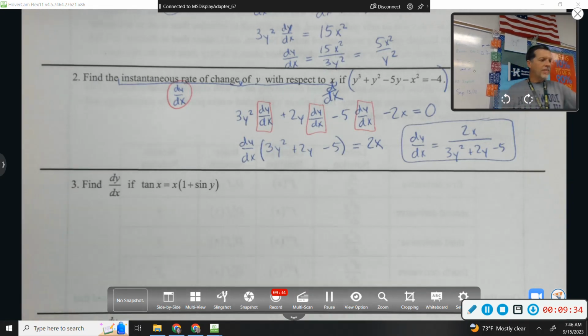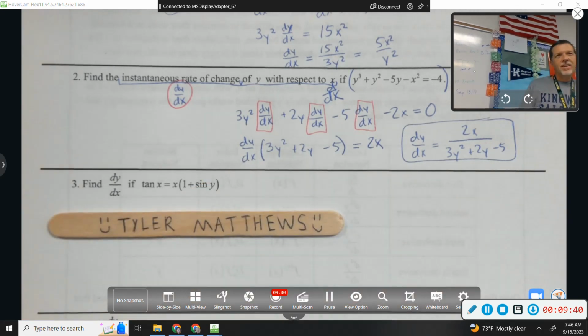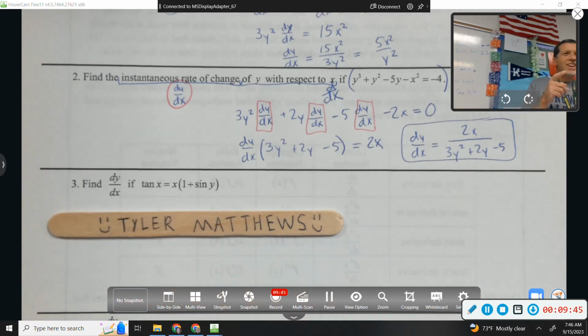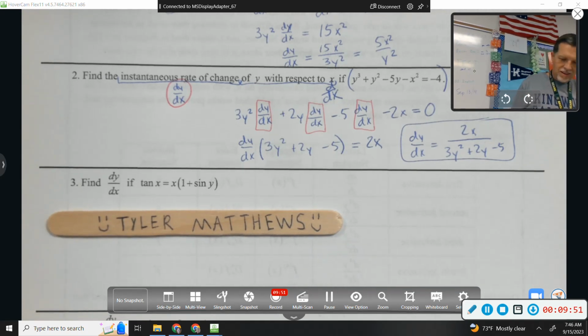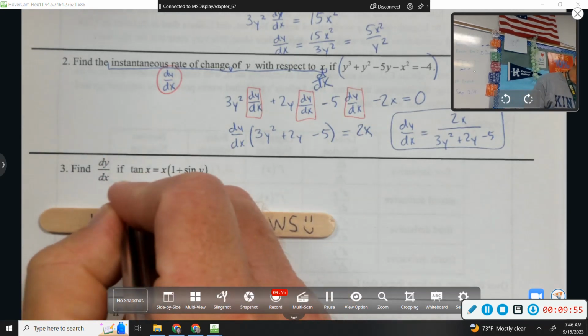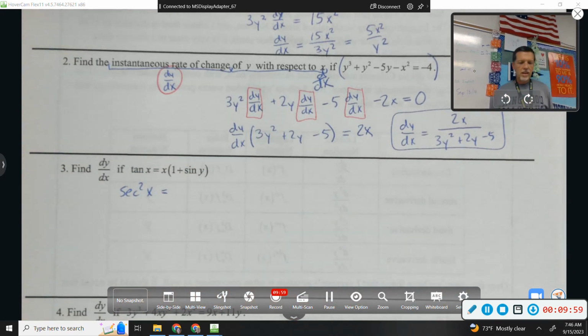So on the left-hand side, though, Tyler, what's the derivative of tangent of x? Secant tangent of x. That's the derivative of secant. Oh, secant squared. Secant squared, yes. So secant squared x on the left-hand side.